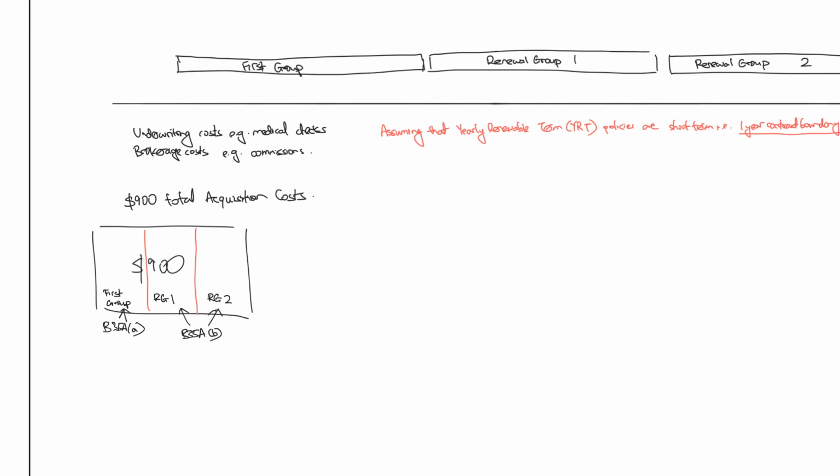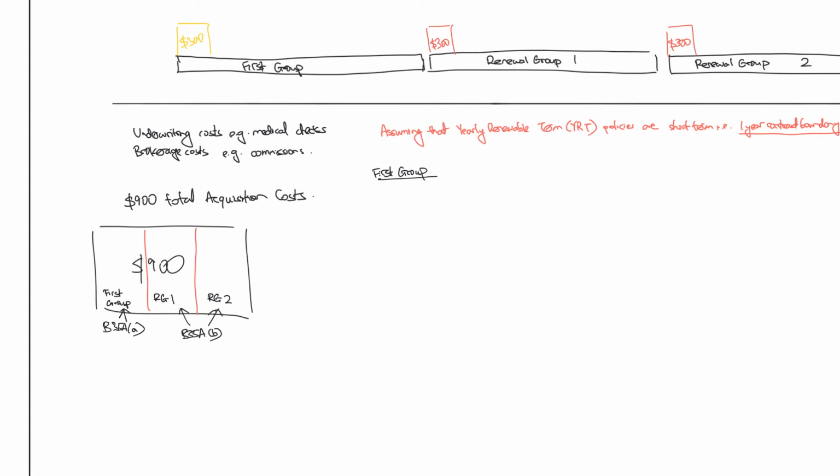Let's just assume that we allocate these evenly. So in the first group we're going to have 300, in the first renewal group 300, and in the second one 300. Now, in the first group, let's write this down.